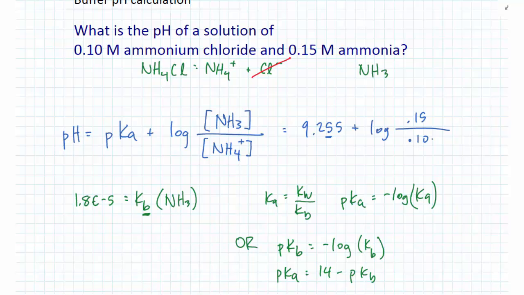Taking the log of a fraction converts it into a positive or negative number depending on whether the top or the bottom is bigger. That looks like a positive value, which means it will add to the pH, which makes sense because we have more of the base than of the acid. So it's going to be a pH that's a little bit higher.